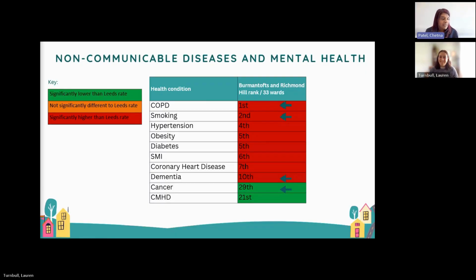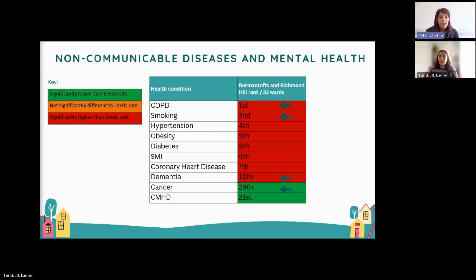Brilliant, thank you. So in terms of non-communicable diseases, here you've got health conditions that are listed, and how this is worked out is we're looking at prevalence rates. By that, we mean people who are living with these conditions and who have been diagnosed with these conditions.